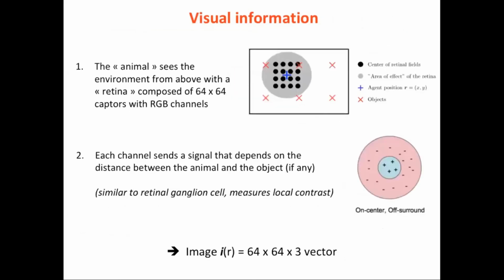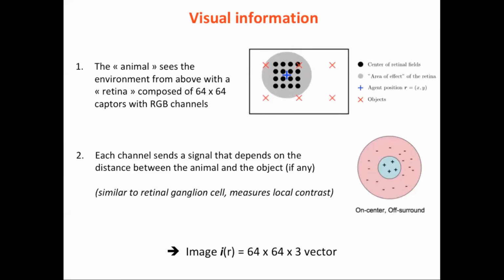So now we can turn back to the original problem we were interested in, which is both the integration of the motion of the animal, but also the use of the visual external information. How can a network do both things, integration and also exploitation of the external information? In our model, the animal is seeing the environment, which is made of different objects, with a retina.